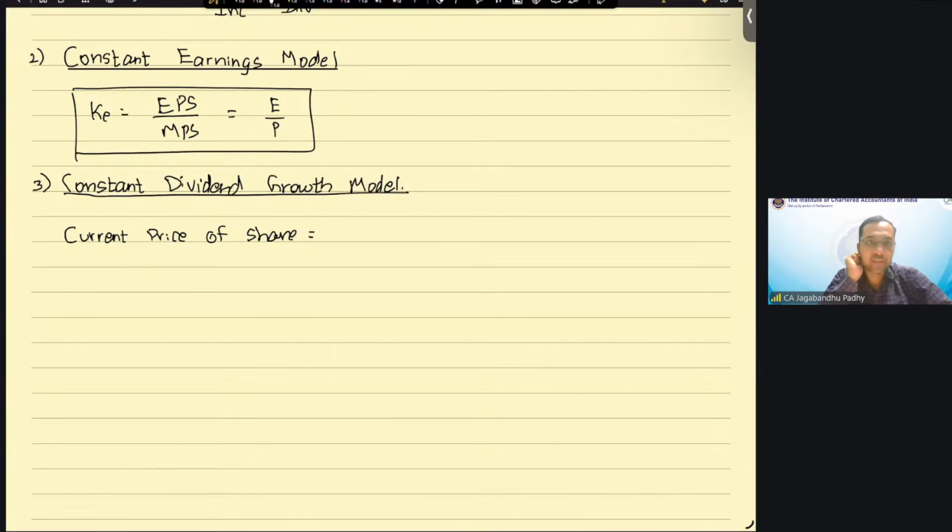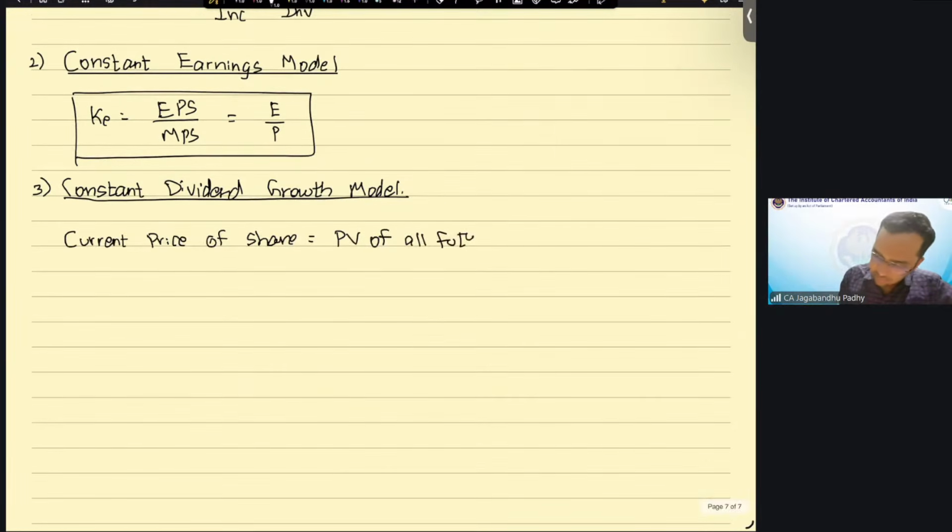Obviously, as I have discussed, whenever we talk of any valuation or any price that we have to set for any asset, it's always and always going to be the present value of all future benefits that you get. So the current price of share should be the present value of all future cash flows.